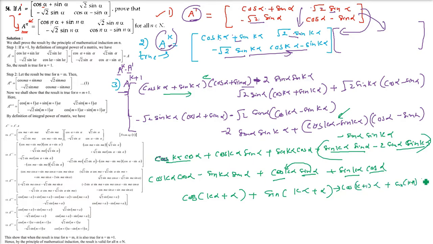Alpha you take common. So what do we need? Wherever k is there, we need k plus 1 alpha. And we got it. See, the first entry of the matrix is cos k plus 1 alpha and sin k plus 1 alpha, that we got. And the same thing you have to do for every other entry.